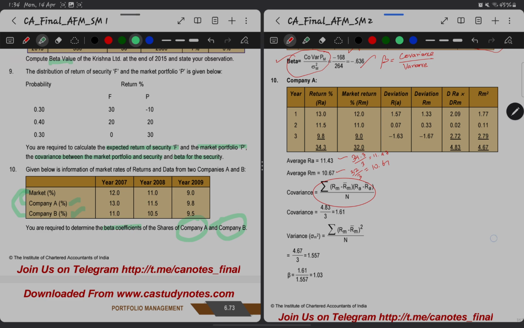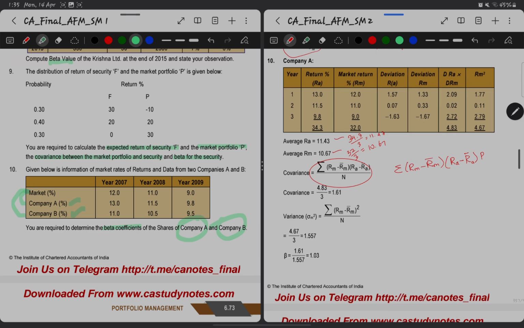If probabilities are given, then it will be sigma of RM minus expected return of market multiplied by the return of A minus the expected return, multiplied with the probability. So this will be the formula used if probabilities are given. If not, then this.